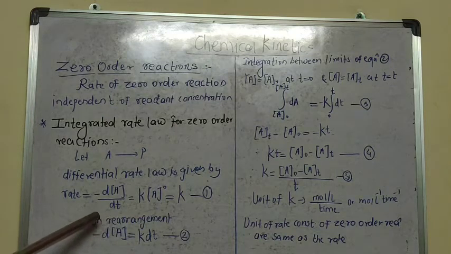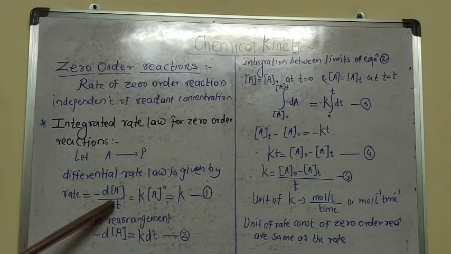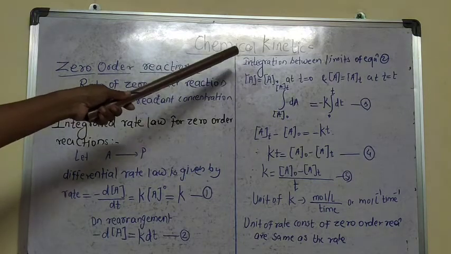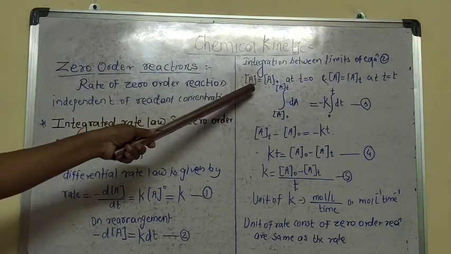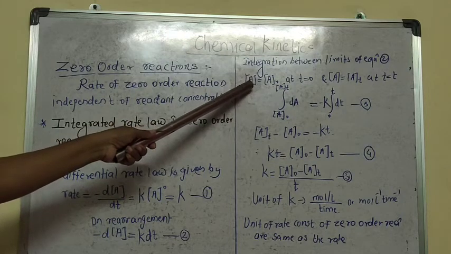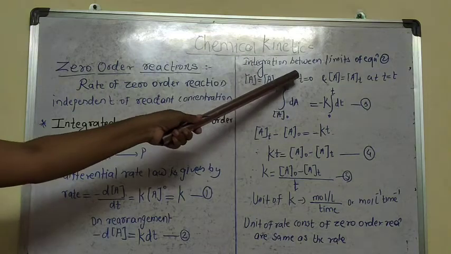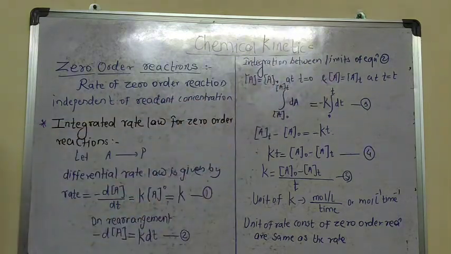If we rearrange this equation, we get minus dA equal to k dt. This is equation 2. Now we integrate this equation between the limits: the concentration is the initial concentration A0 at t equal to 0, and A is equal to At at t equal to t.